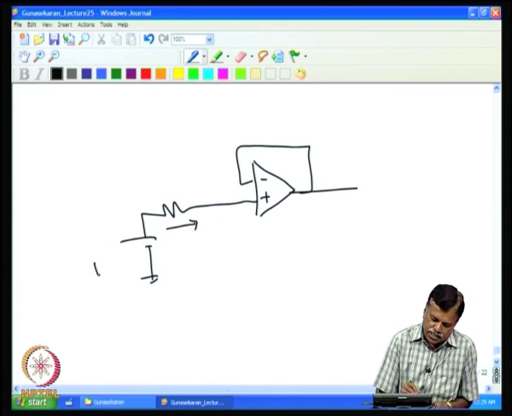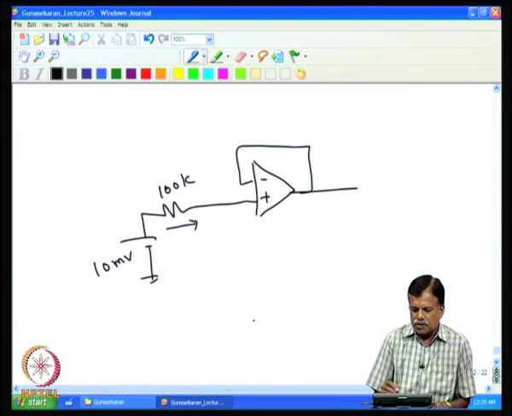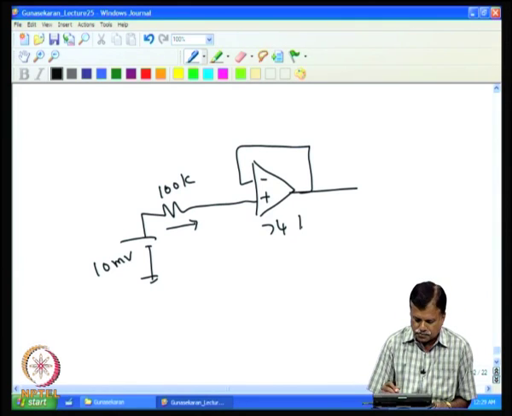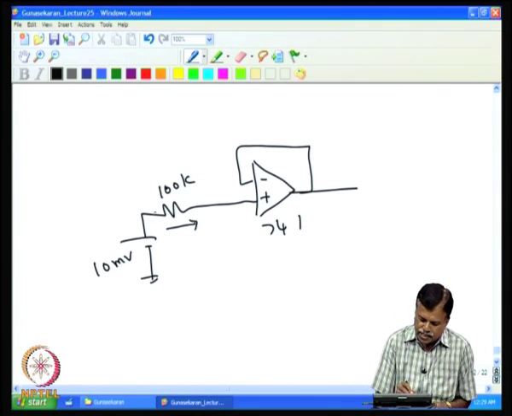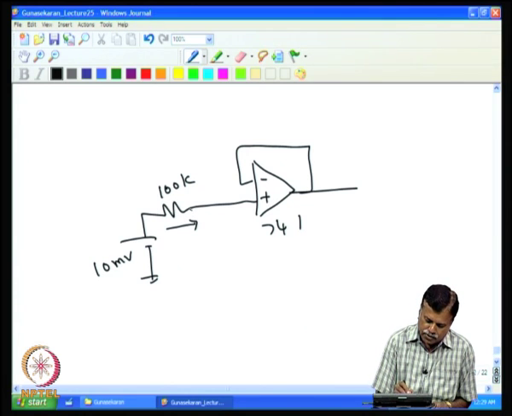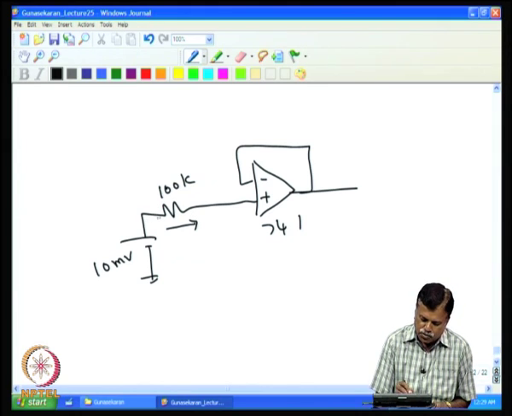For example, if it is a 10 millivolt signal with a 100k resistance and a 741, the bias current flowing through it will produce a voltage drop across this R. So as long as this is 10 millivolt, now consider the voltage drop across this R.